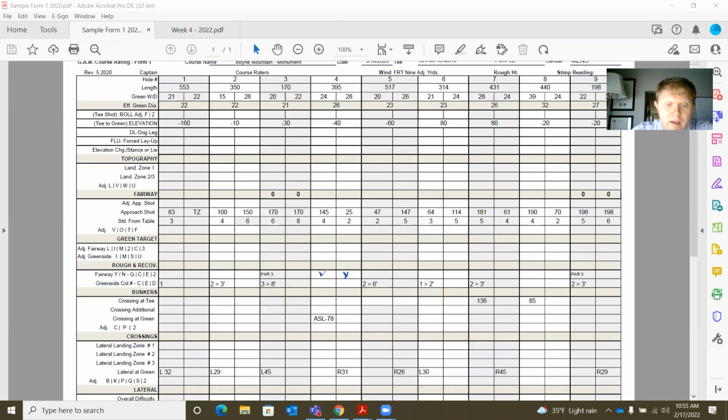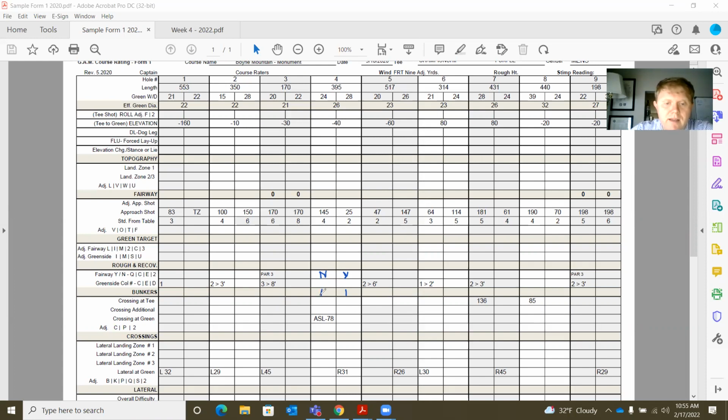And then it might not be in or near the scratch player's landing zone, but because there's no greenside bunker, they're going to get a 1. Because it was on the line of play within 50 yards, this person is still going to get a 1 for bunkers, even though the fairway bunker wasn't near their landing zone.